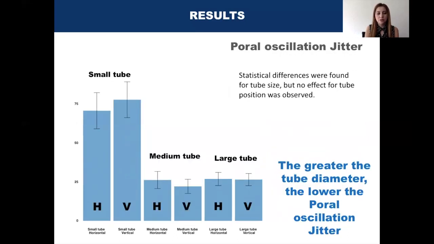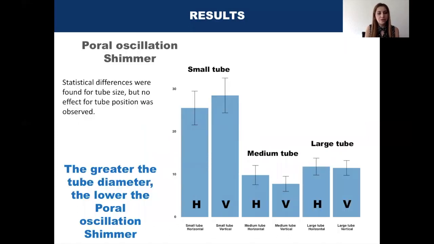Regarding oral pressure oscillation jitter, statistical differences were found for the tube size, but no effect for tube position was observed. We found that the greater the tube diameter, the lower the oral pressure oscillation jitter. About oral pressure oscillation shimmer, statistical differences were found for the tube size, but no effect for tube position was observed. Results showed that the greater the tube diameter, the lower the oral pressure oscillation shimmer.